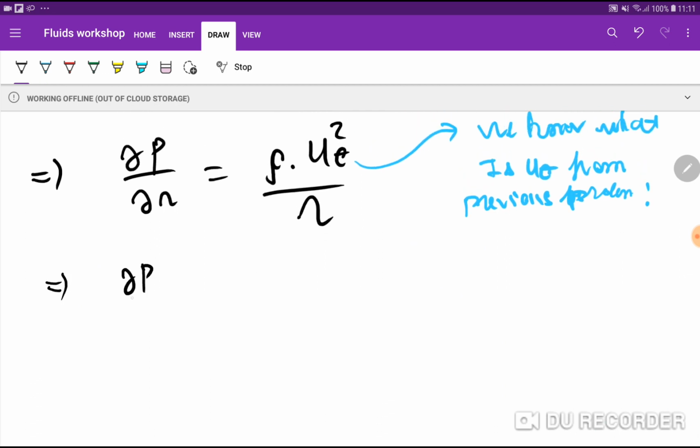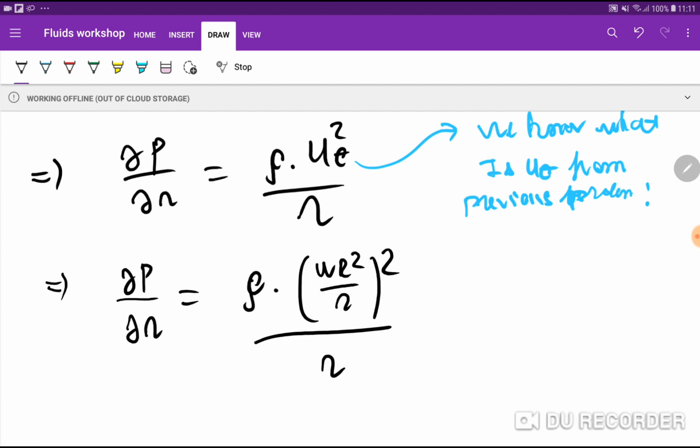So the pressure gradient in the radial direction equals ρ times ω R² over r squared over r.